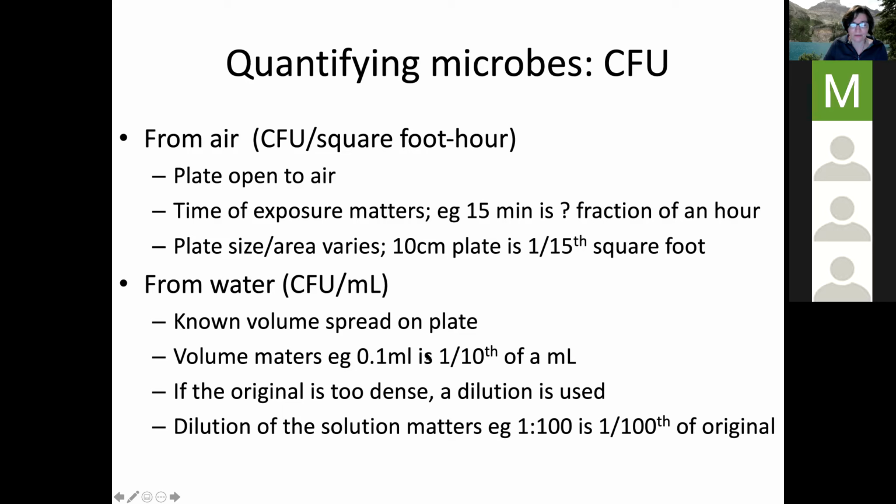Instead of a whole mil, we quite often use 0.1 mils because that amount will dry on a plate in a reasonable amount of time. So if I had 7 on a plate and I only put 0.1 milliliters on it, what would have been in the whole milliliter? And how do I figure that out? If a tenth of a milliliter has 7 things, how much does a whole milliliter have?